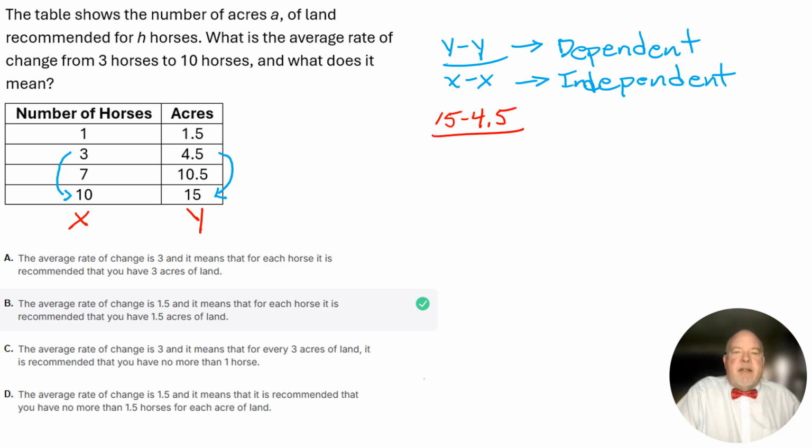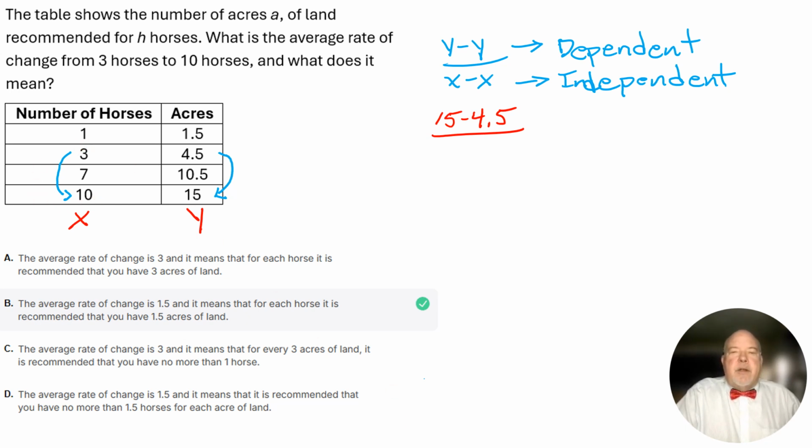Sorry, I can't get my pointer to work. Since I did this number minus that number, I have to be consistent on this side, and I have to do the 10 minus the 3. So again, let me say that again. Since I did 15 minus 4.5, I have to do 10 minus 3. Otherwise, you're not going to get the correct answer.